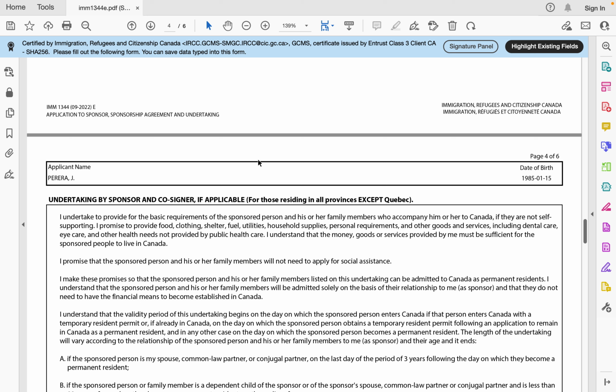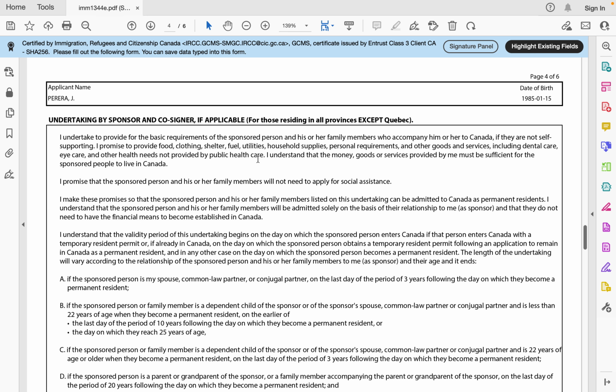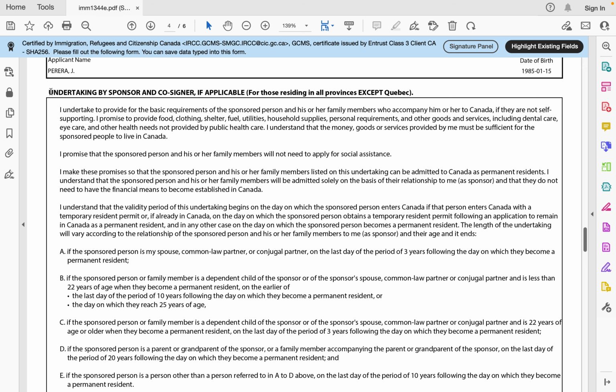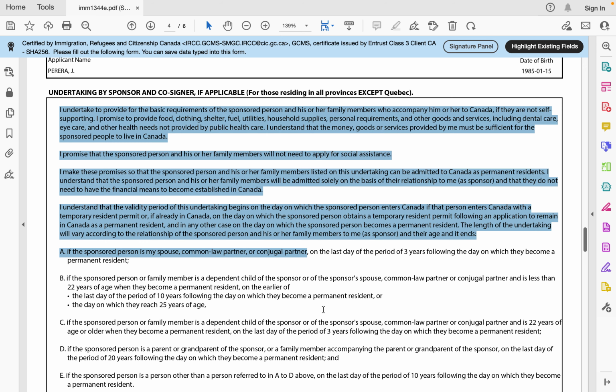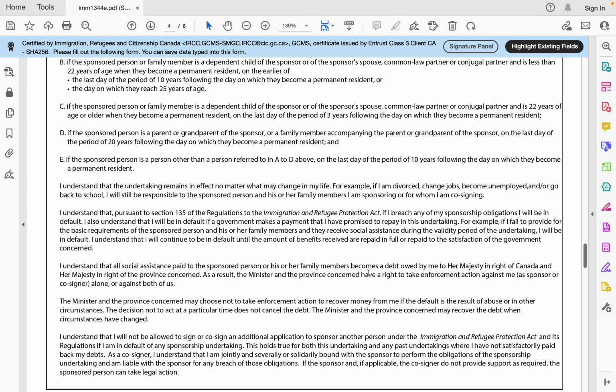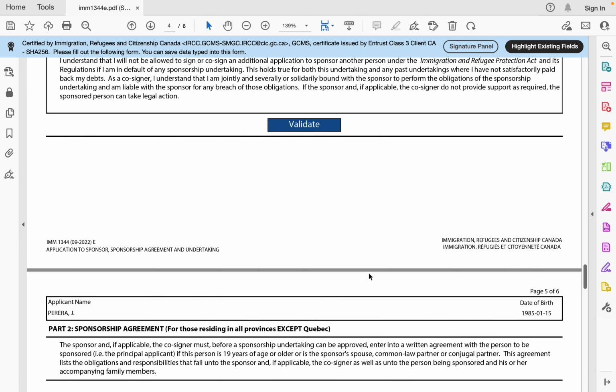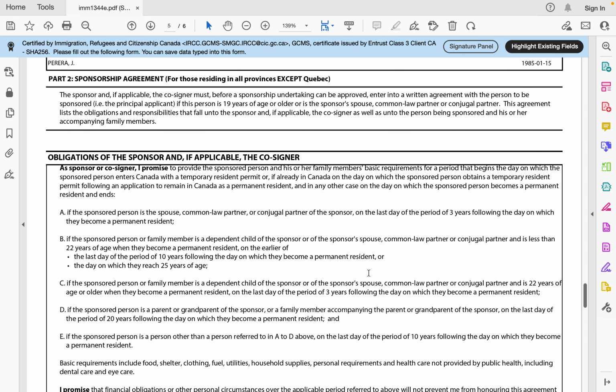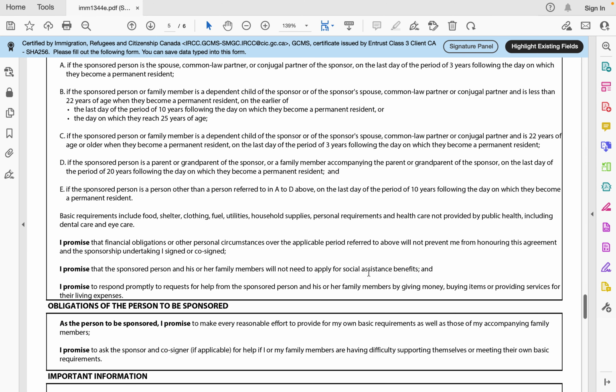So that's about those few questions, and now we're almost towards the end of the application. Over here, this explains what it means to be an undertaking and what your liabilities are as the sponsor. You simply have to read it. In case you have any doubts on the meaning of anything, you simply Google it.